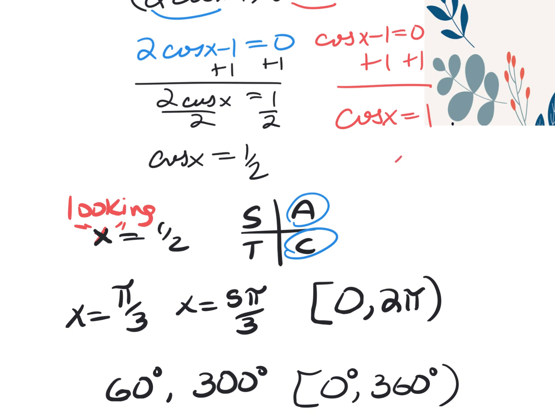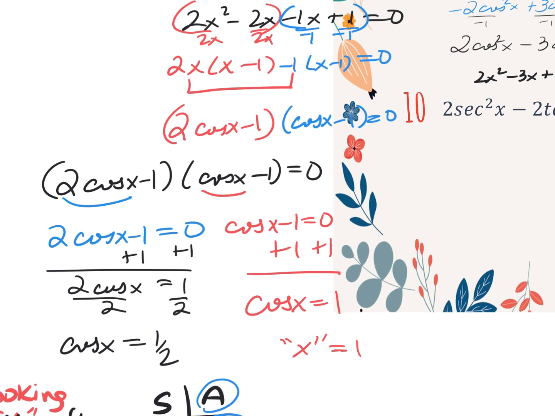I'm looking where x is equal to 1. Whenever I see a 1 or a 0, this is going to be either, if it's tangent, it's going to come from the quadrants, but this one's going to come from my axis.